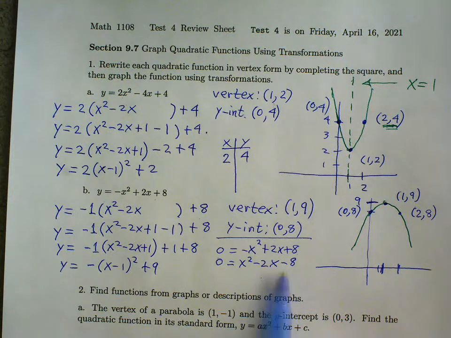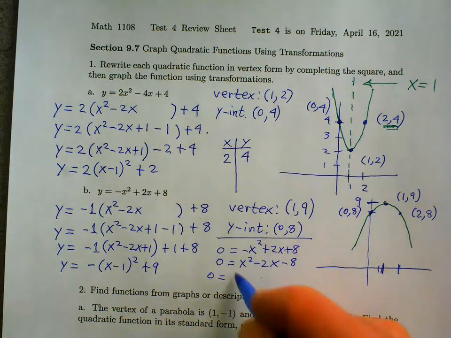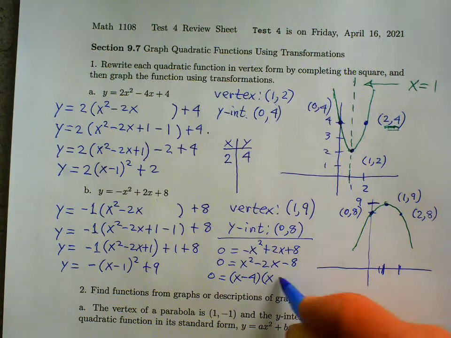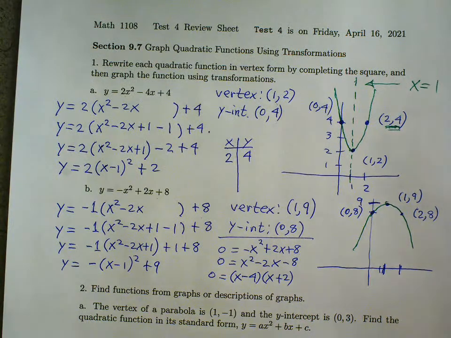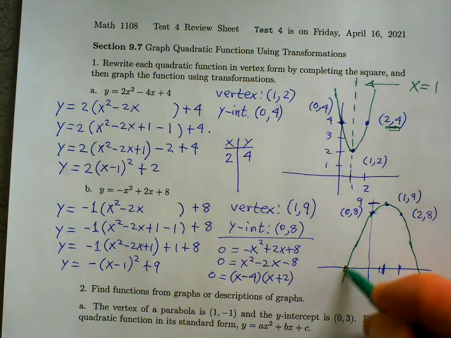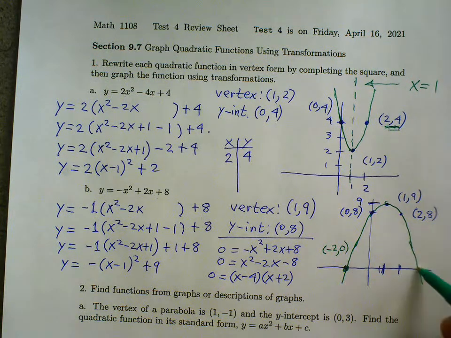And we can solve this by factoring. One factor is x minus 4. The other one is x plus 2. Okay, so our x-intercepts, one x-intercept is the ordered pair -2, 0, and the other x-intercept is the ordered pair 4, 0.